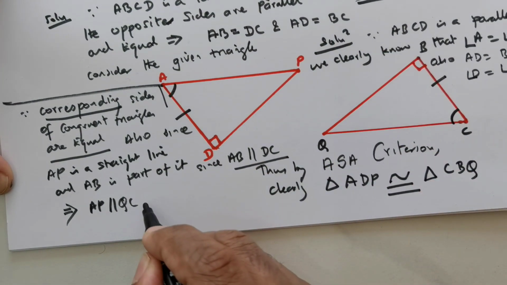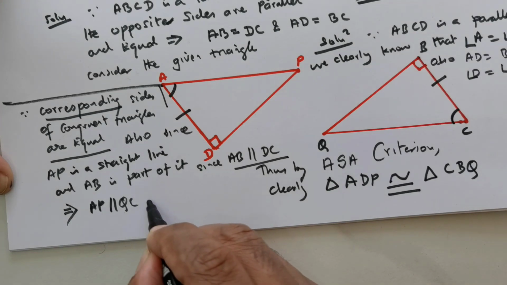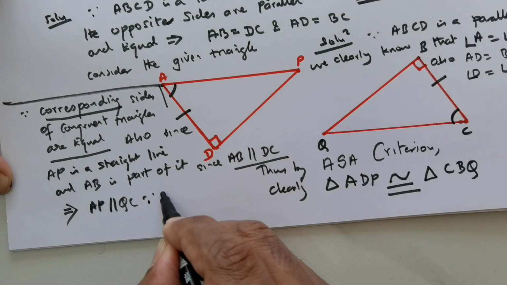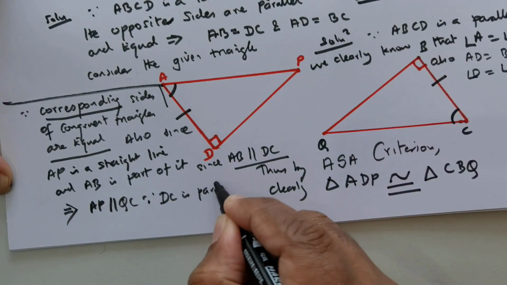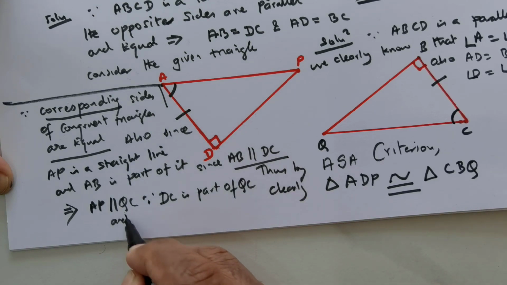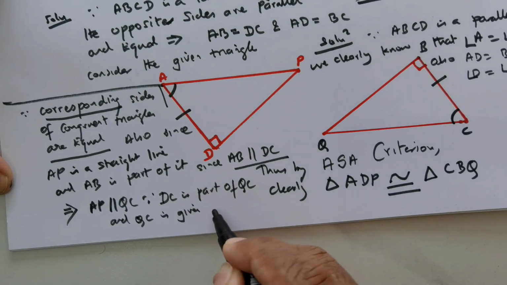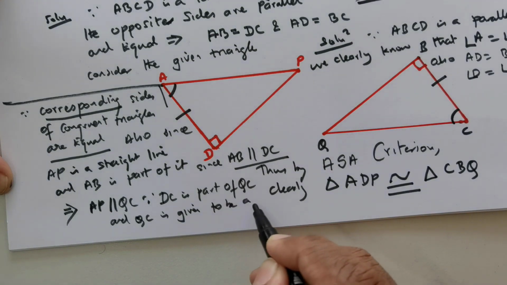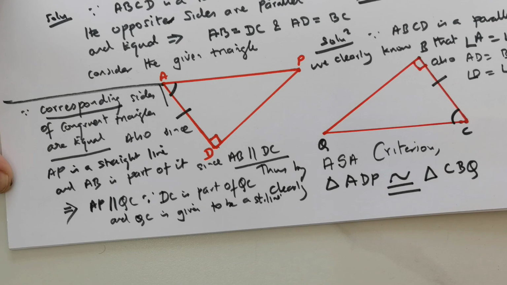So why do I claim this with QC? Since DC is part of QC and QC is given to be a straight line. So that's the rationale I'm using, that's the justification I'm providing.